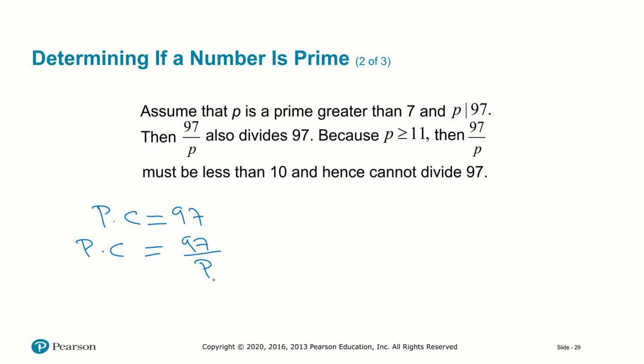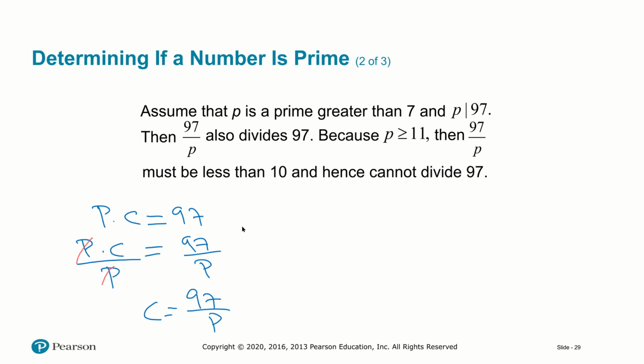Now notice that here the p's cancel out, so we get 97 over p would be that constant. So that means basically that 97 over p is also a whole number result. Therefore, 97 over p is also a factor of 97. It divides 97.